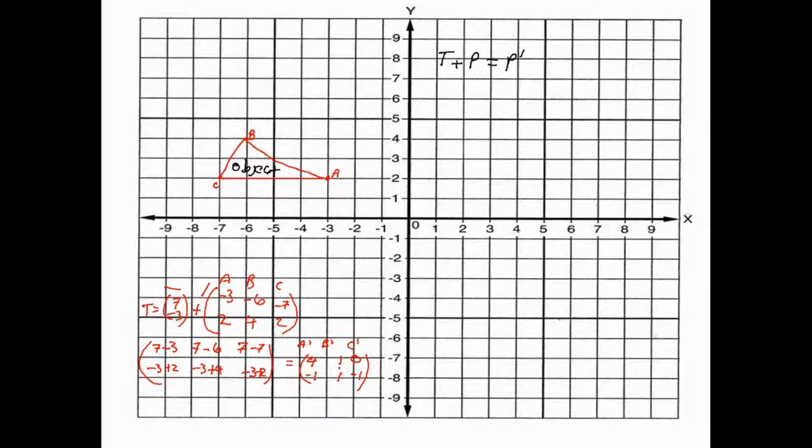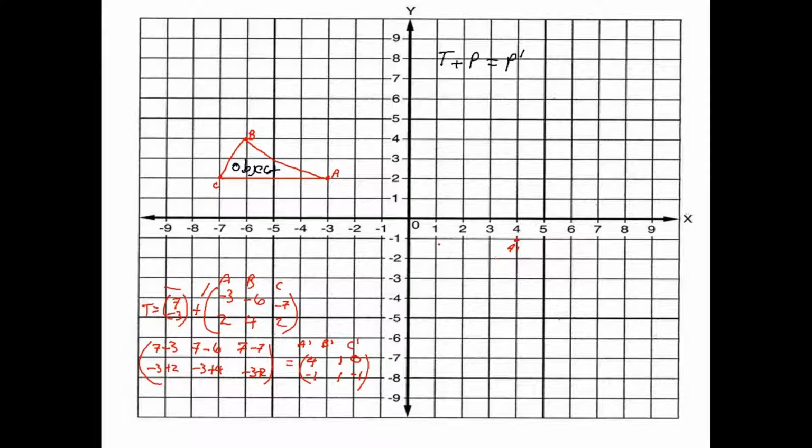Okay. Actually, now we are ready to plot our image matrix. All right. So coordinate A says it should be a 4 on the x and a -1 on the y. So this would be our A'. All right.